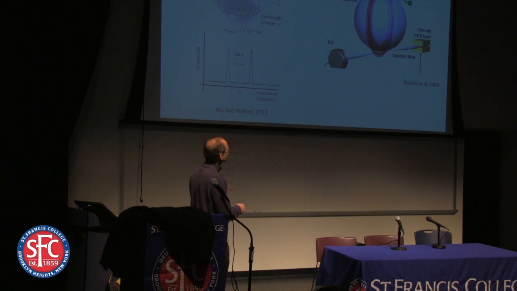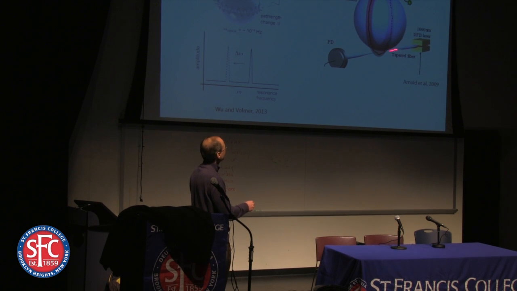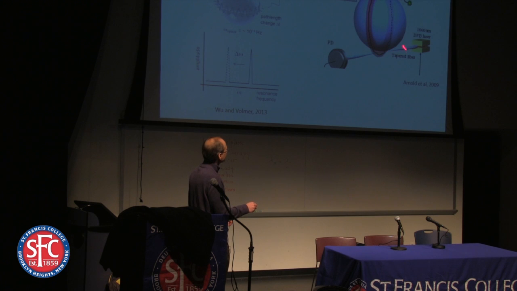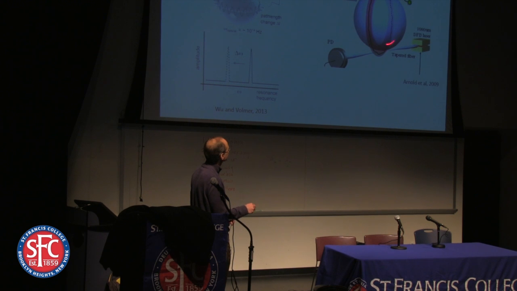And the way you couple the light in, one thing I omitted, is sketched out here. You just take an optical fiber, and you make it really thin so that the light tends to leak out of the fiber. By thin, I mean something like 5 micron diameter or even thinner. So lots of the radiation sticks out of the fiber, and when it comes near your silica cavity, some of that starts to couple into the modes inside the cavity.